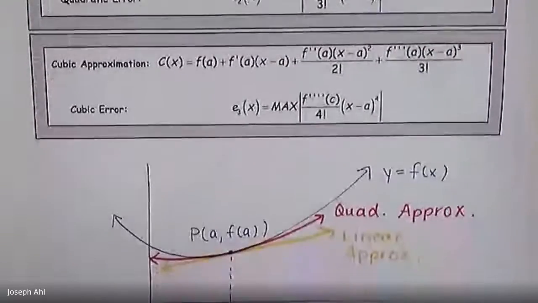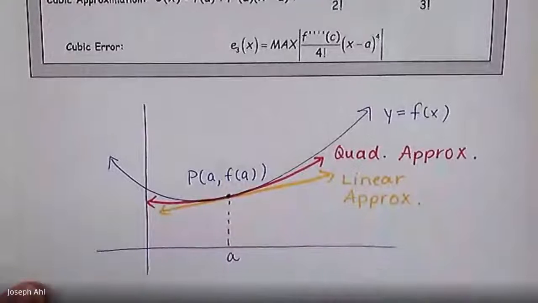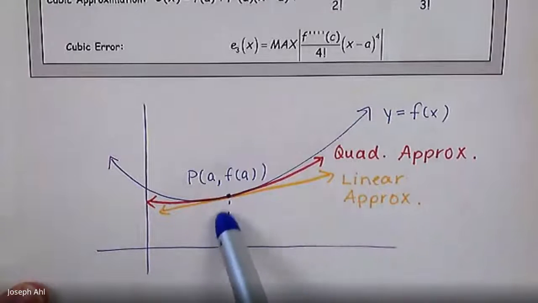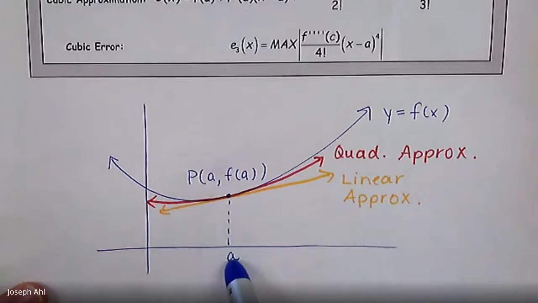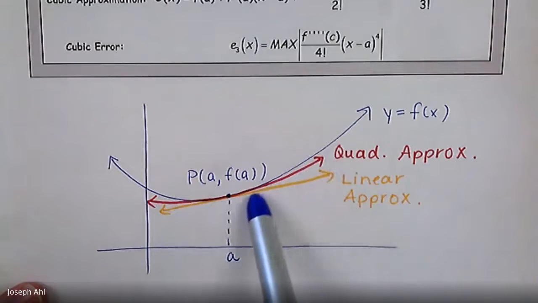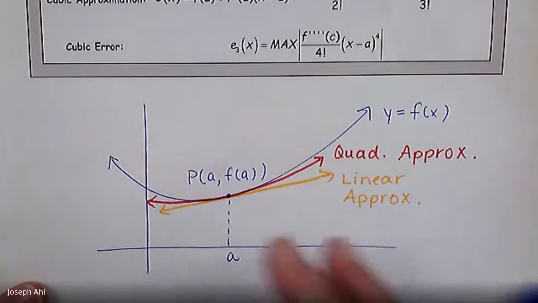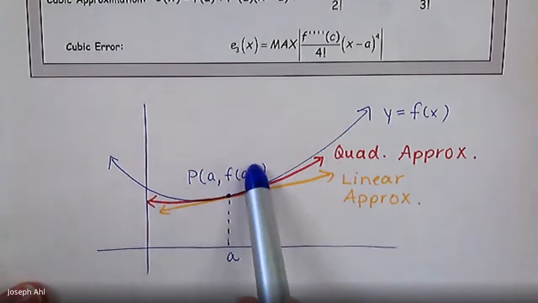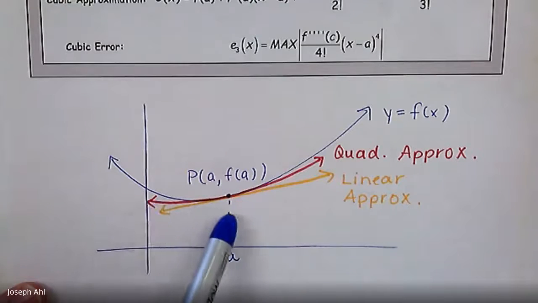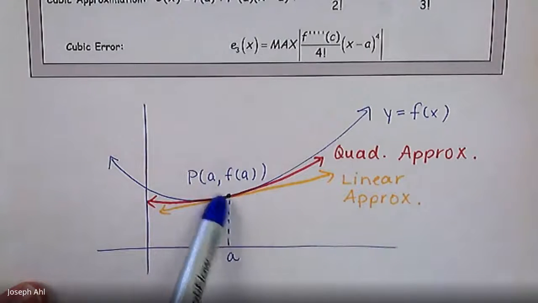So just as a quick visual, if I want to approximate the function f of x at some value of x equal to a, we can use a linear approximation. Maybe that would be decent enough to approximate values on this function. A quadratic approximation in this example might be even nicer if we go out an additional term and get something that can model the function a little bit more closely as we zoom in at the point a comma f of a.